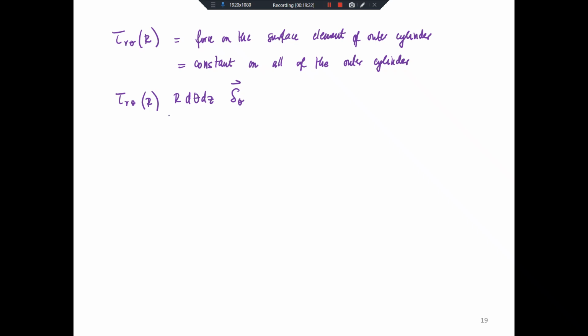This is the area element on the surface at r equal to R, and this is the shear stress at that plane.